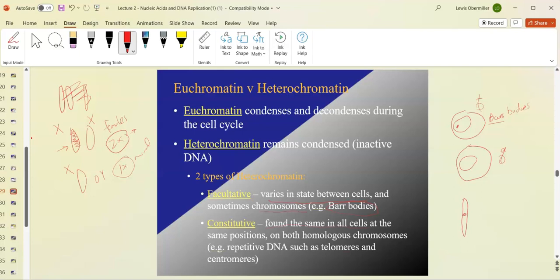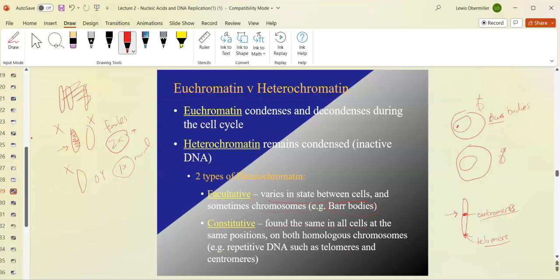But a centromere is the center point. Remember, centromeres. Mere means part. So centromere is the center part, and then telo means end, like telophase. And so telomeres are the ends of chromosomes.